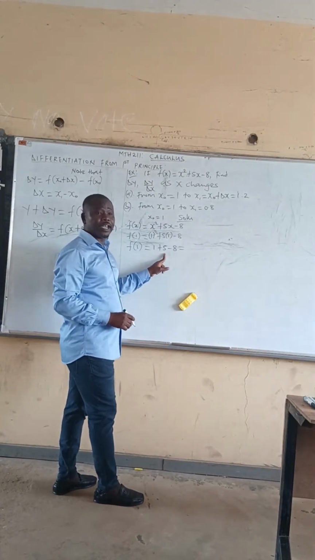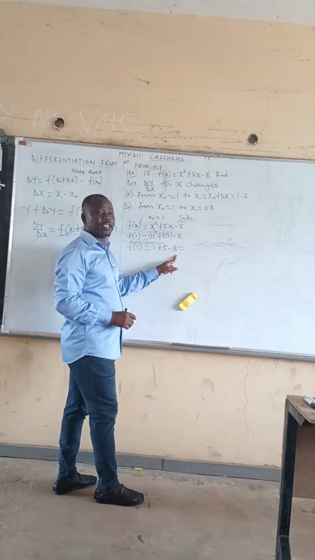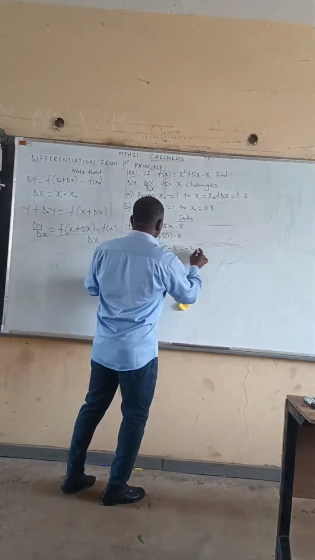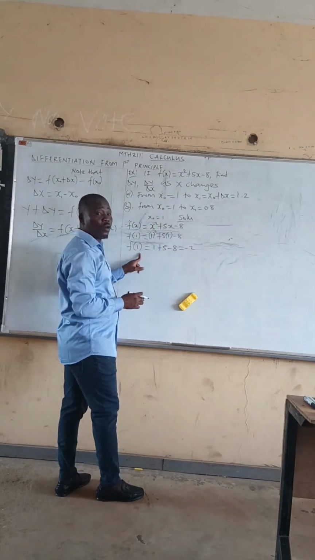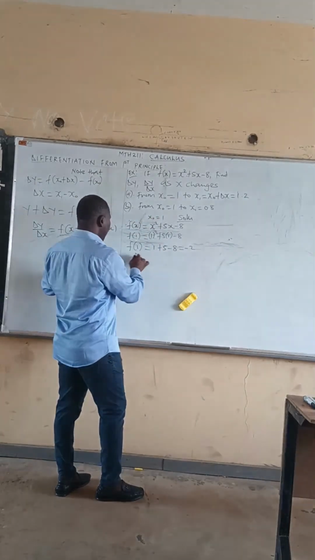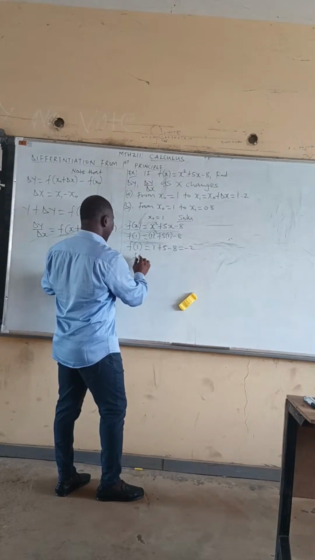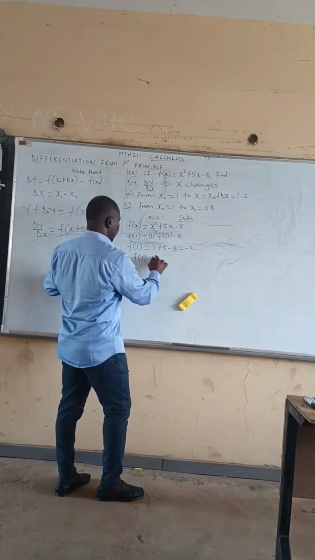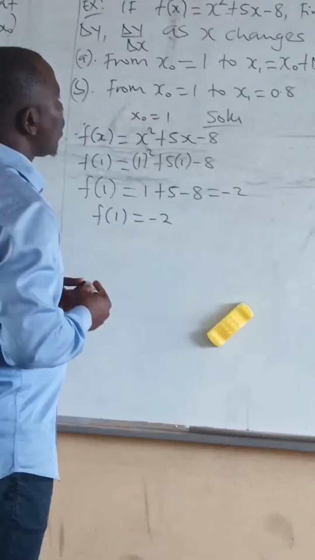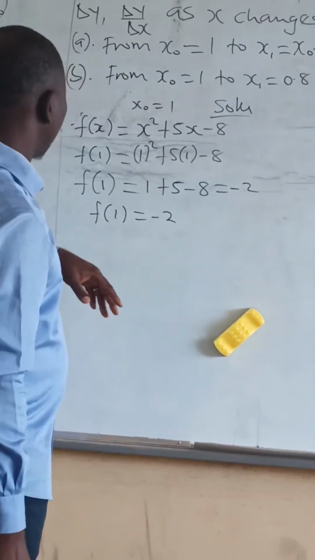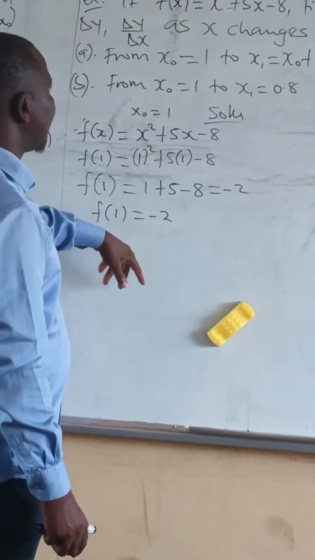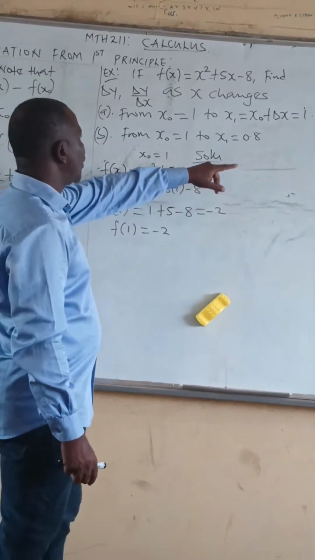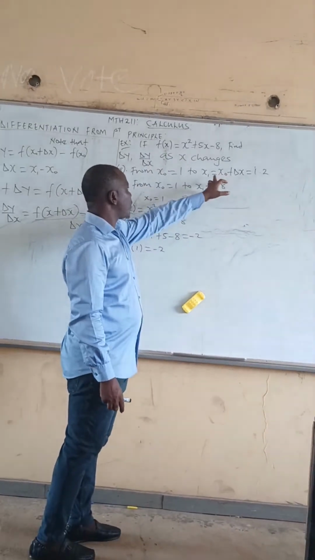Because 1 plus 5 is 6, minus 8 is minus 2. It means our x naught equals 1, and our f of 1 is minus 2. Amen? Okay.